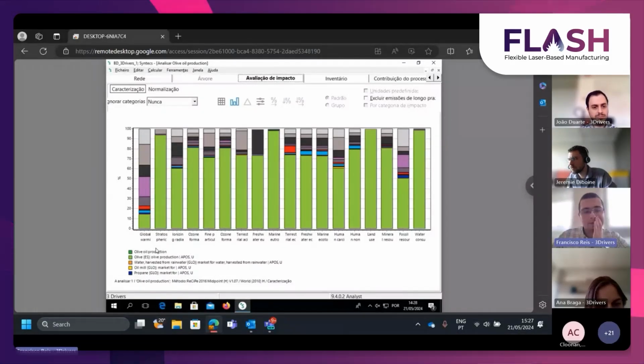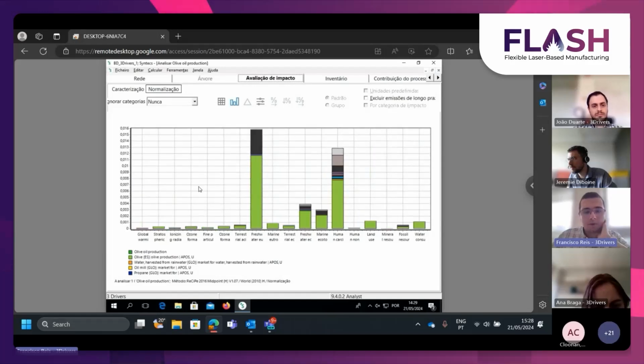Here we have more, which we only did for the Excel to simplify. And then for the normalization, well, normalization allows you to compare the impact categories with one another. And we see that freshwater eutrophication has the most impact.